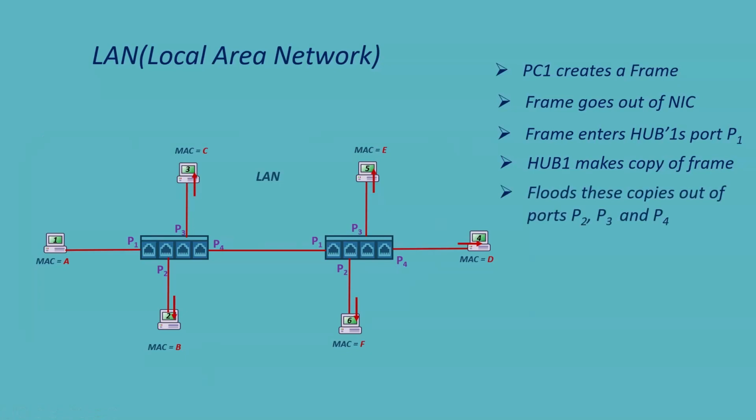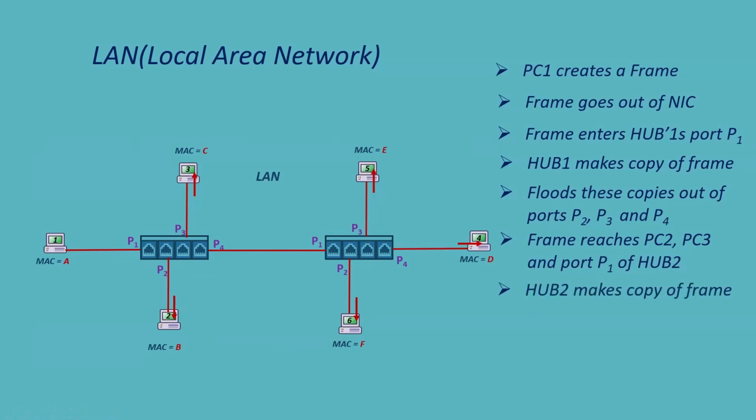Just putting it in points, this is what it is. Flood these copies out of ports P2 and P3. When hub 1 received it, it sent it off P2, P3, and P4. Then the frame was received at PC2, PC3, and port P1 of hub 2, this being hub 2 and this being hub 1.